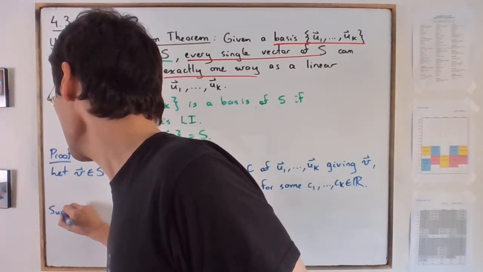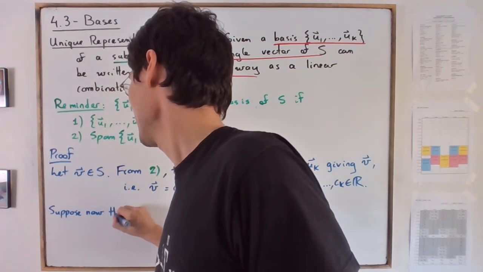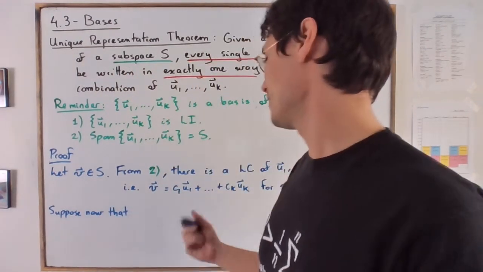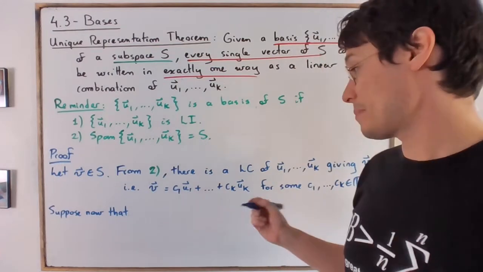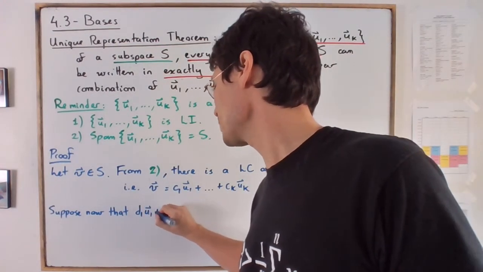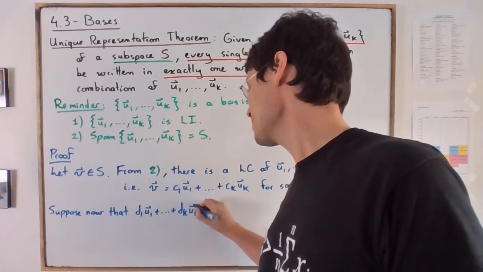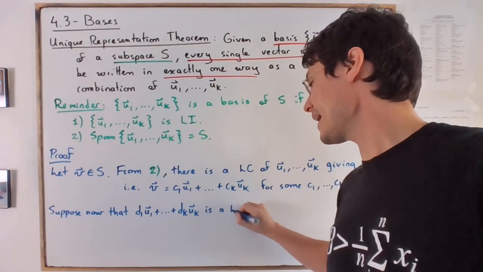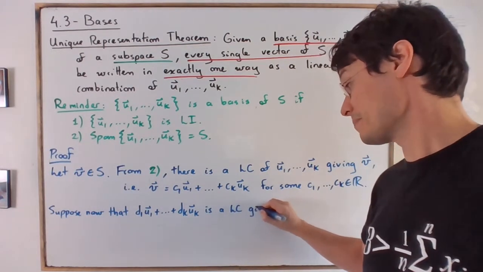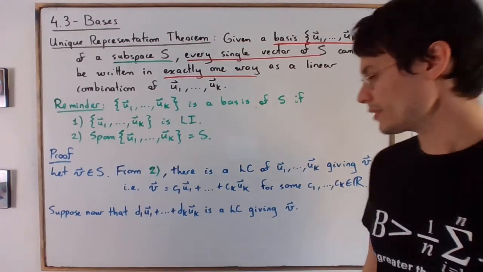So suppose now that D1 U1 plus all the way up to DK UK is a linear combination giving V.